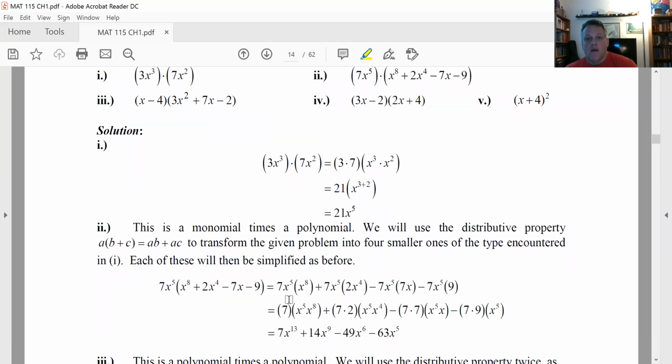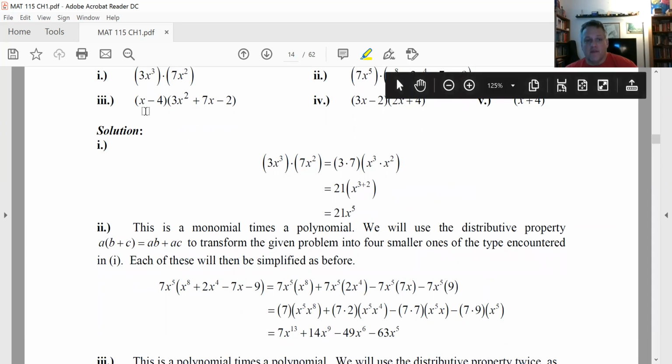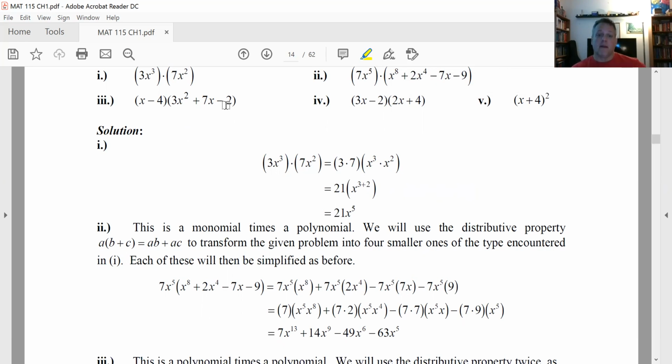All right, so the next level of complexity is, what if I have a binomial times a trinomial? So what if it's more than just a monomial times a polynomial? You have more than one term in both the things you're multiplying. Well, in that case, you do the same thing. You're just going to do it one step at a time.